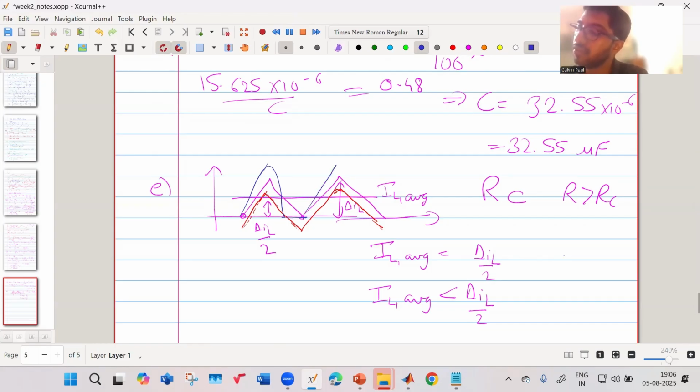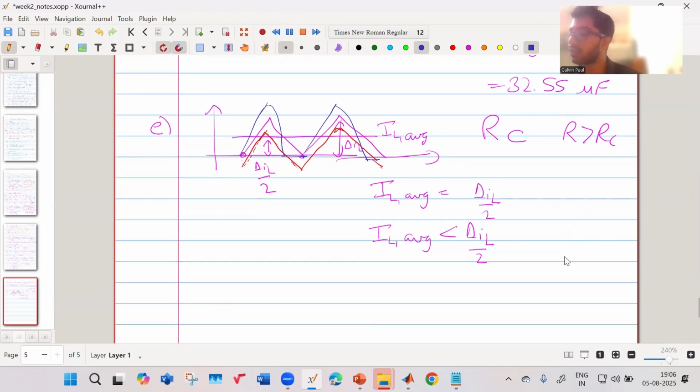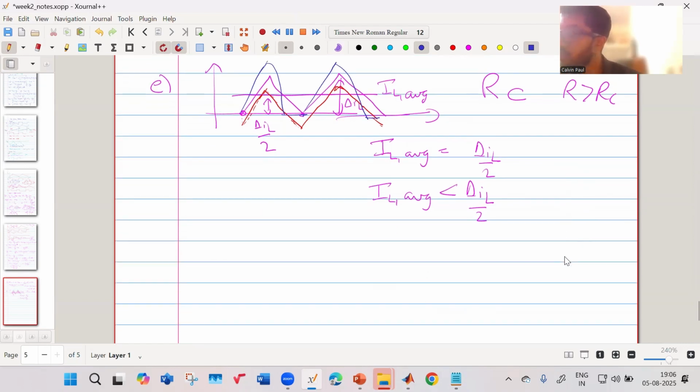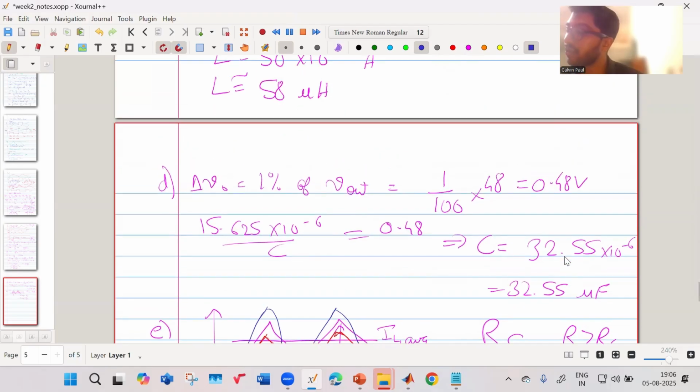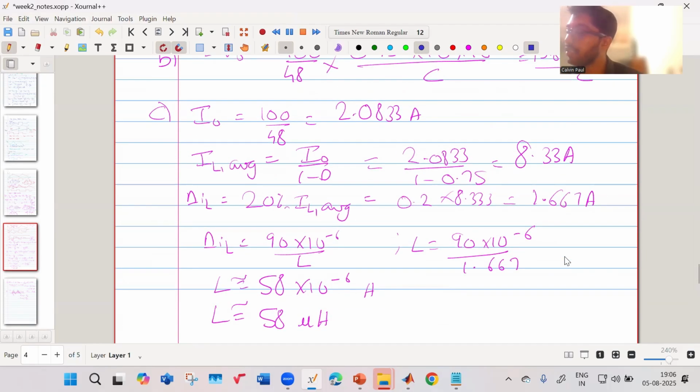Go to some value, fall, and remain at 0. This is how it will look in DCM. Now we have to find this: IL average should be less than delta IL by 2. This should be the condition. So your delta IL, you have found out, right? Your delta IL is given by this. Delta IL is 2.667 ampere. Right? This is fixed.